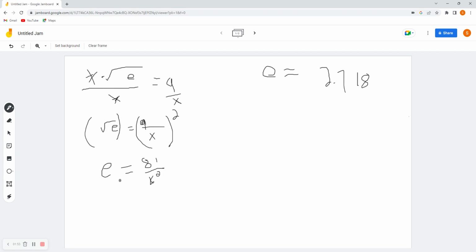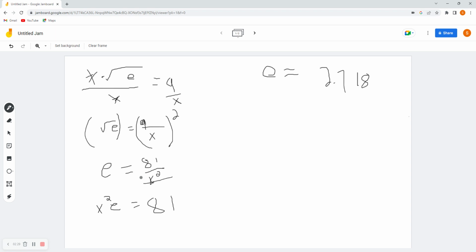So now on both sides, what should we do? We should multiply by x squared, right? So this x squared cancels and we get x squared e equals 81. Let me recap what we did. We started off by dividing by x on both sides, and then we square both sides. So we get e is equal to 81 divided by x squared, because 9 times 9 is 81 and x times x is x squared.